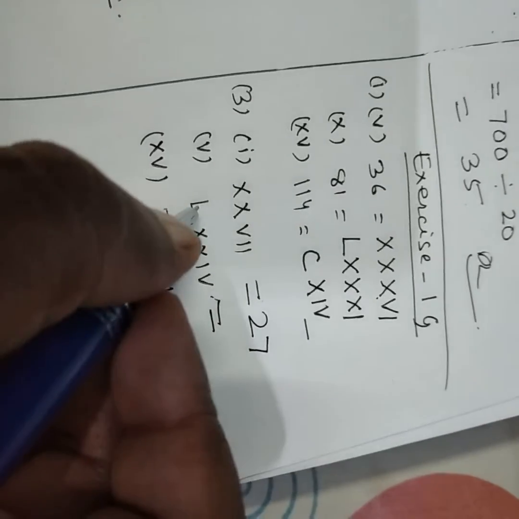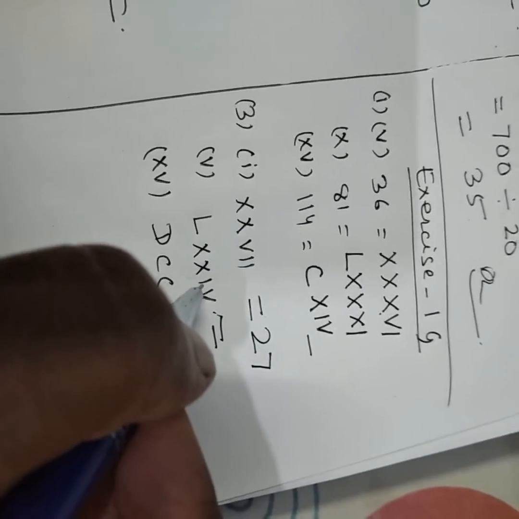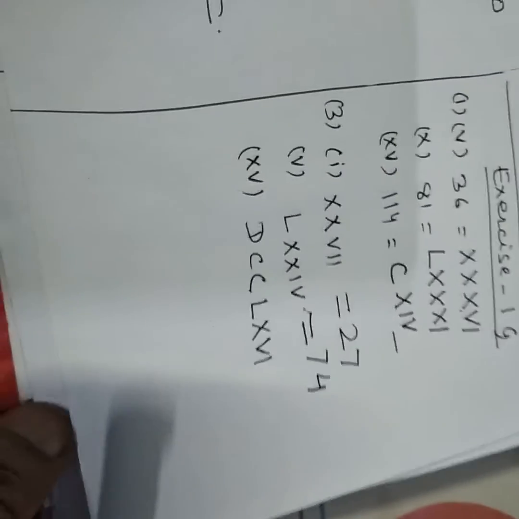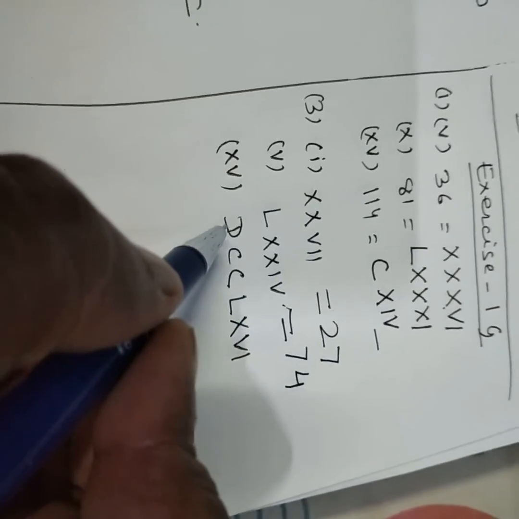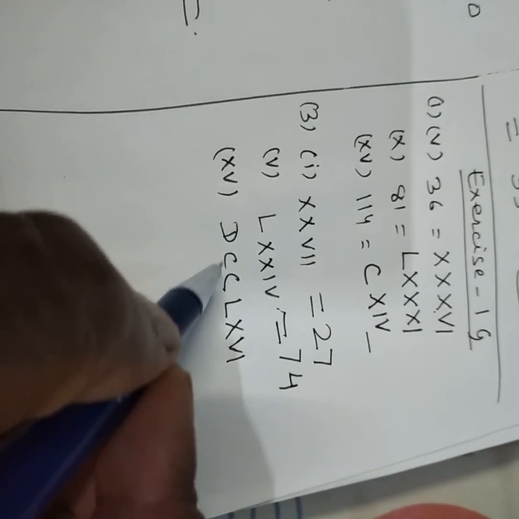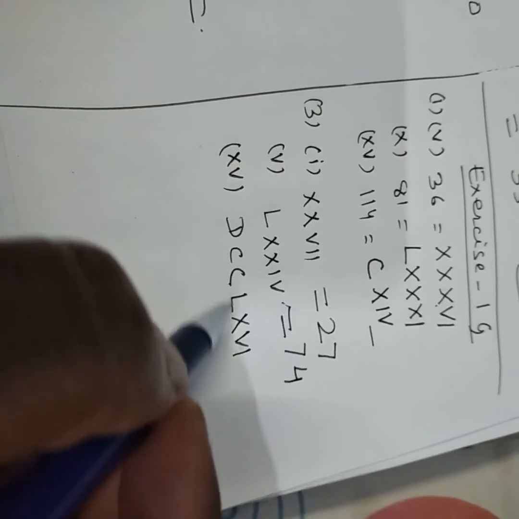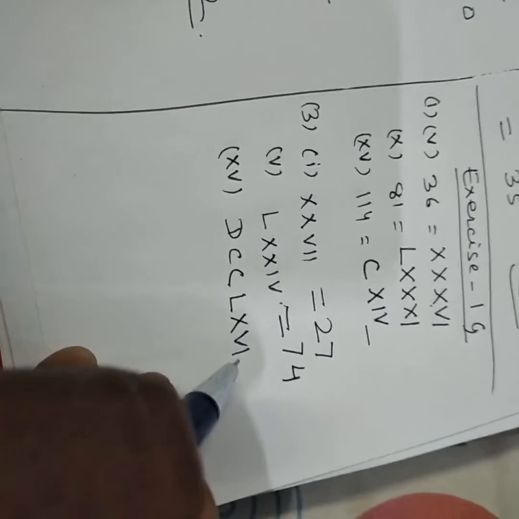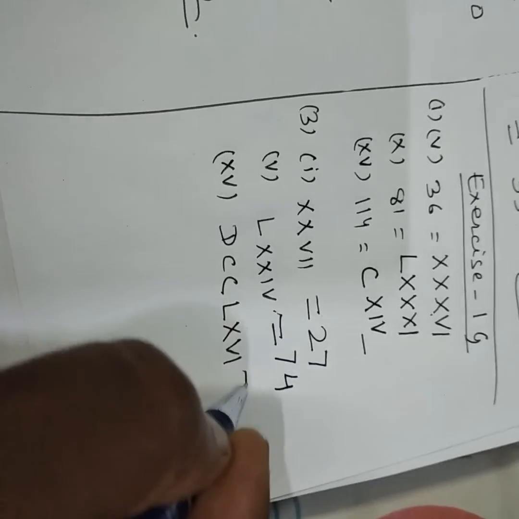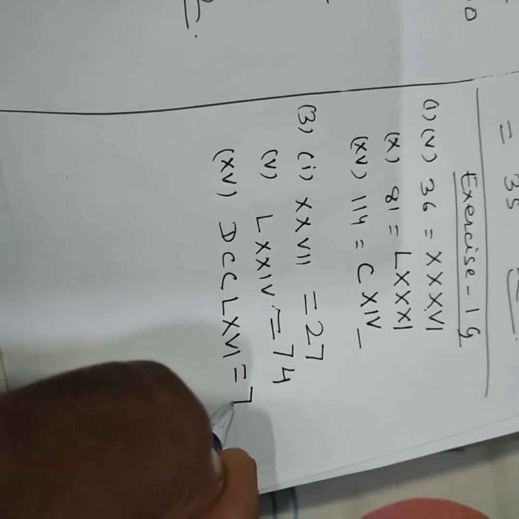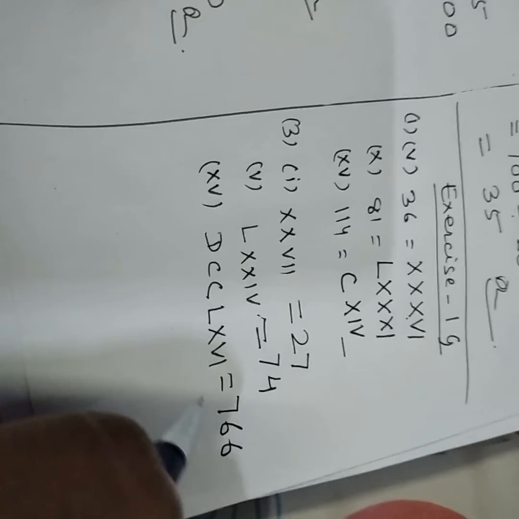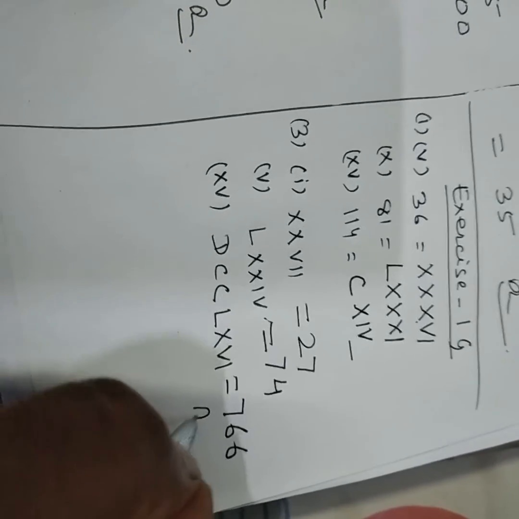The next one is 50, 60, 70 and 4. 74. The next one is 500, 600, 700, 50, 66. 766. Answer.